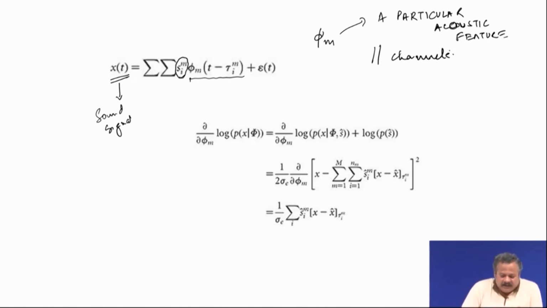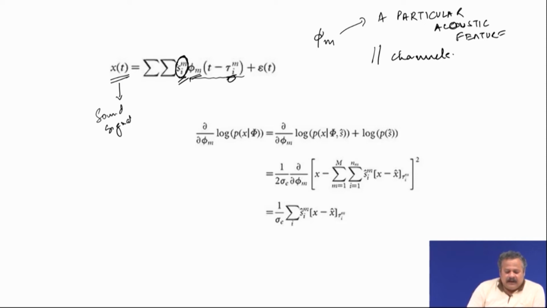And these parallel channels have to be weighted by some value every time they are being activated. So in other words, at the position tau i, if we have a signal that is being represented by these acoustic features, the m-th feature is occurring at the time point tau i, and it is occurring with the amplitude s_i^m.